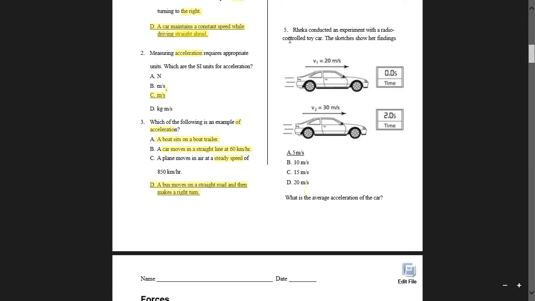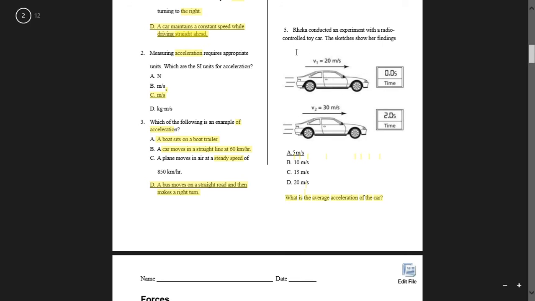Number 5, Rihaka conducted an experiment with a radio controlled toy car. The sketches show her findings. What is the average acceleration? Okay, from this figure we want to calculate it.